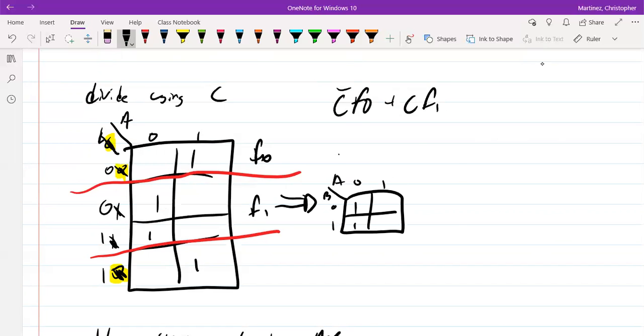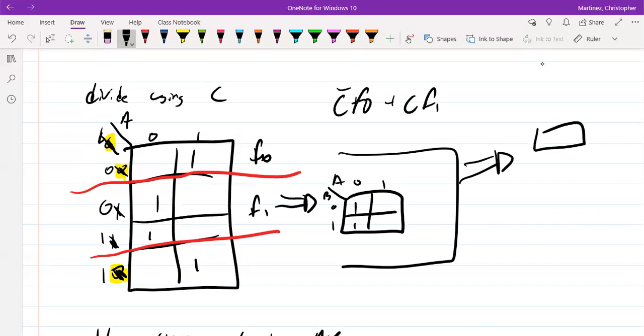And then how do I do the F0 section? For the F0 section, these two parts come together. So it's going to look kind of like that.